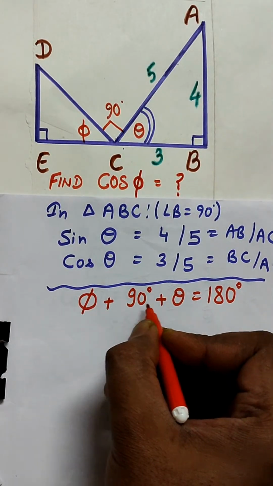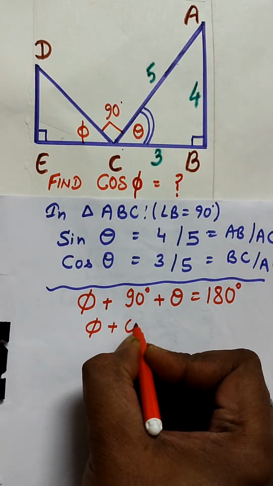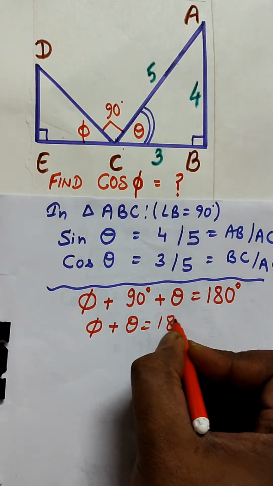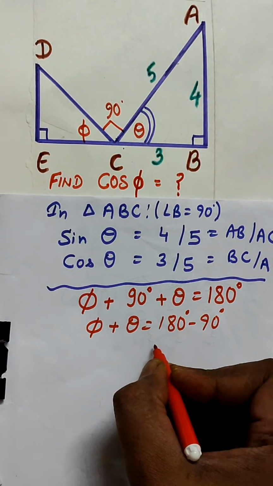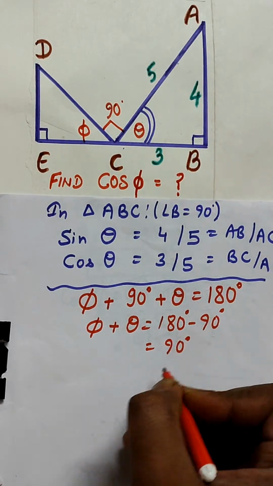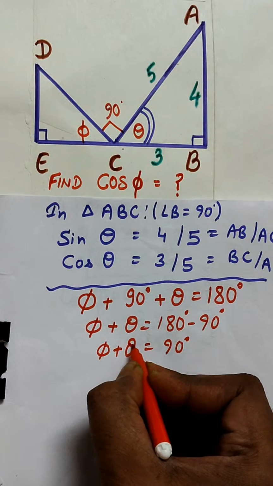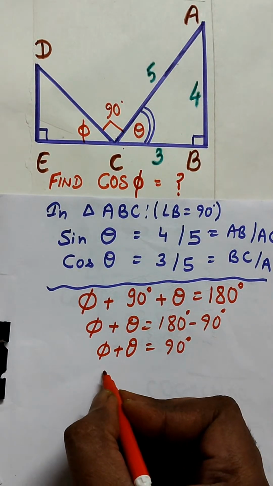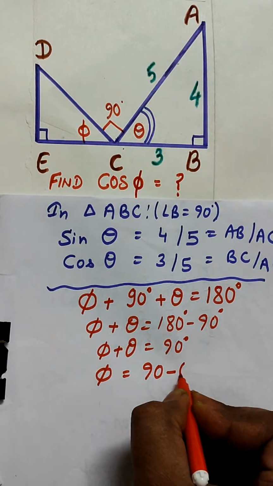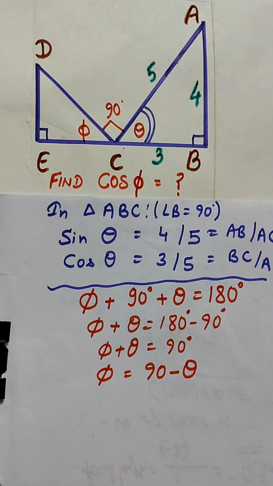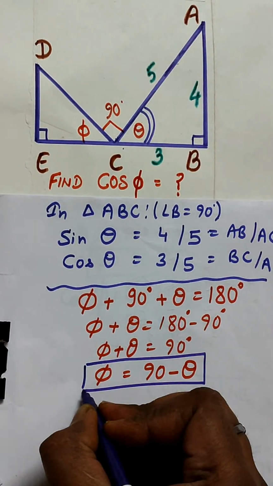If phi plus 90 plus theta is 180, then phi plus theta is 180 degrees minus 90 degrees, which is 90 degrees. So phi can be written as 90 minus theta.